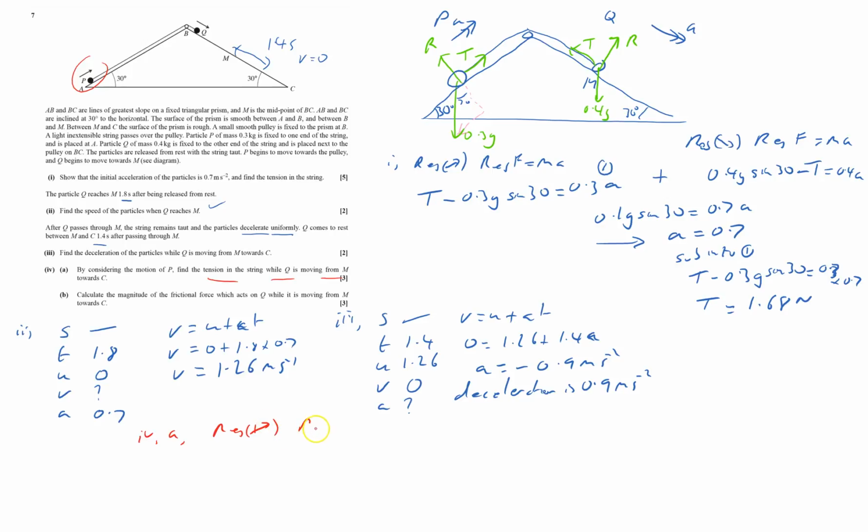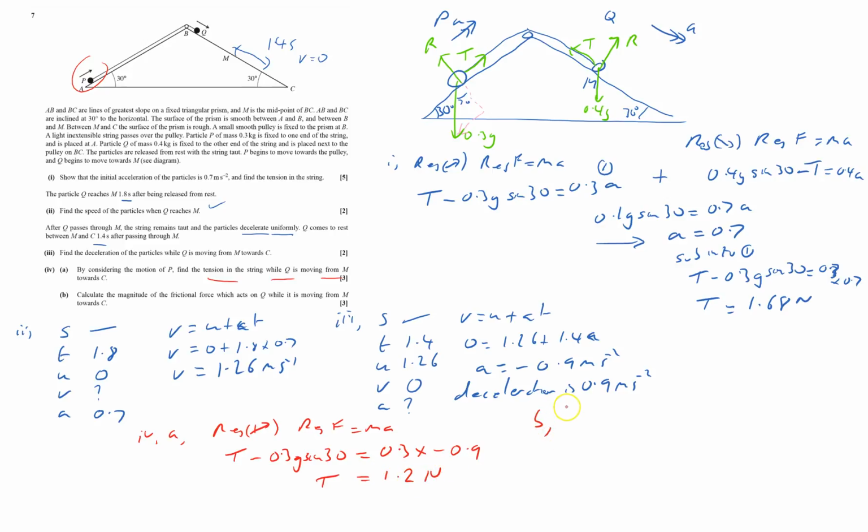I'm going to have resultant force equals mass times acceleration. What have I got going that way? I've got T going up minus 0.3 g sine 30, and I've got no other forces, and that will equal the mass, 0.3, times the acceleration, minus 0.9, and that works out that T equals 1.2 newtons.